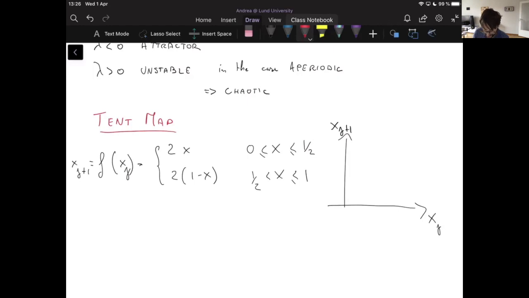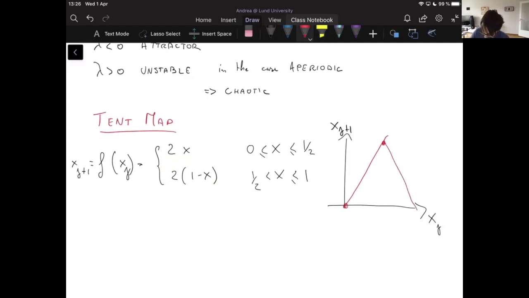The tent map behaves in a linear way. It's linear in both cases, but it's linearly growing between 0 and 1/2 and linearly decreasing between 1/2 and 1. It grows in this way, and then it has the second segment.